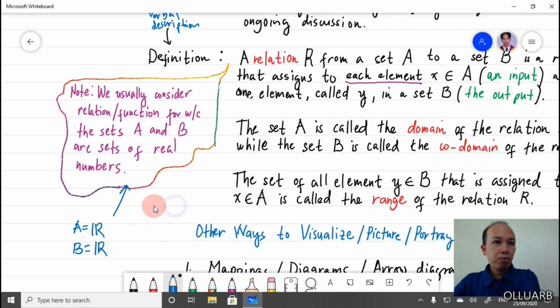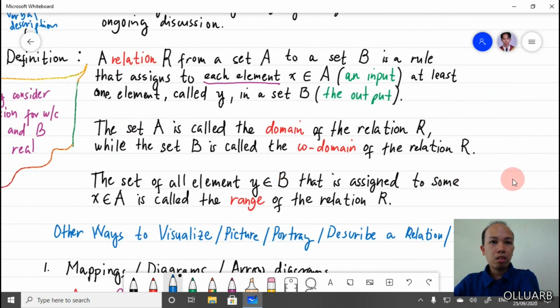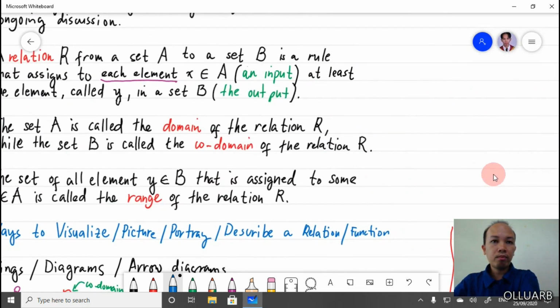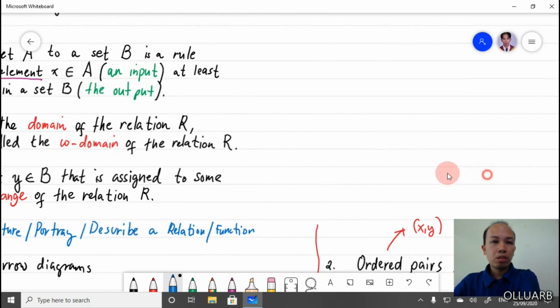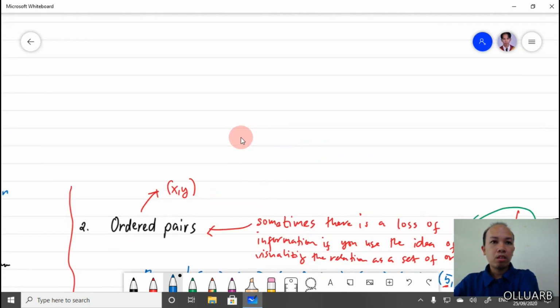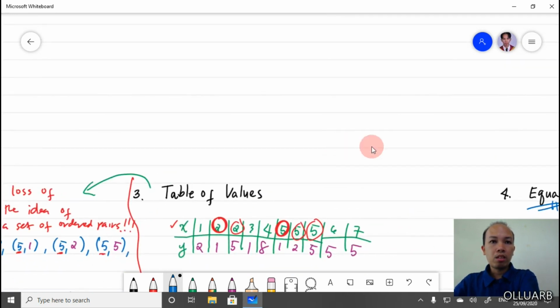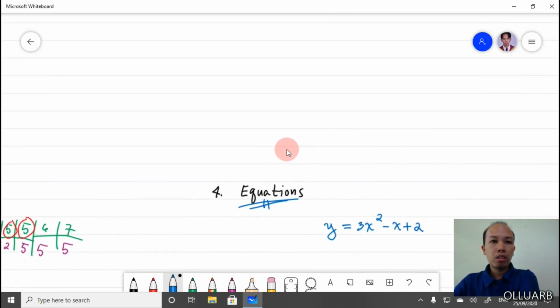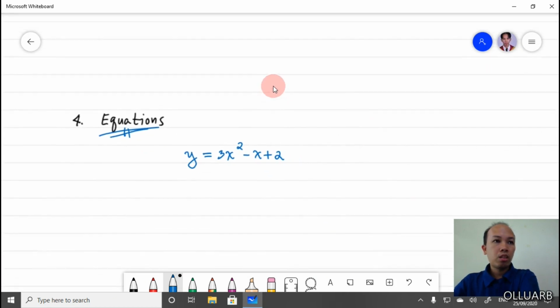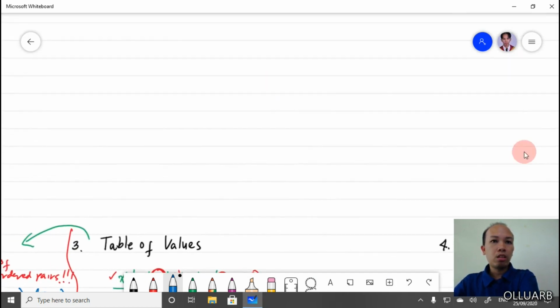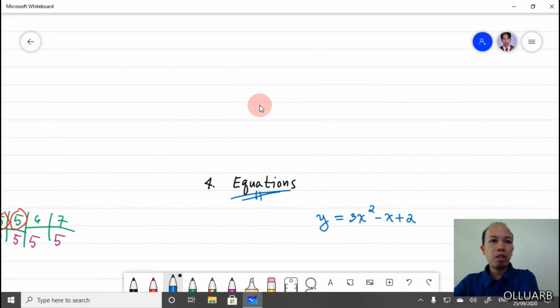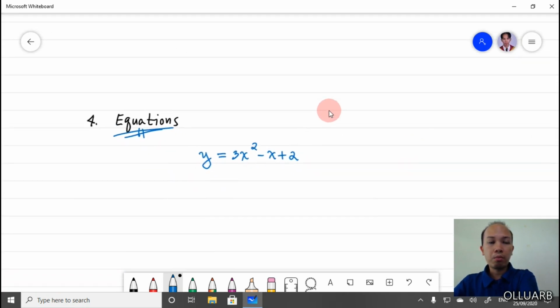So if, for example, there is no mention of the sets A and B, then we usually take the domain or the codomain to be the set of real numbers.